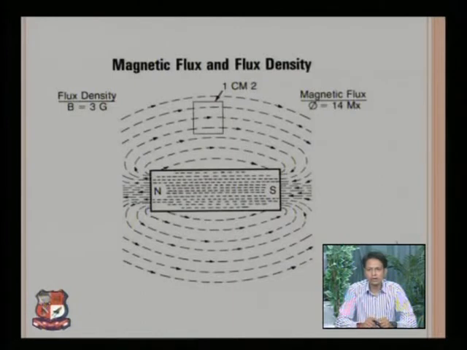You can also observe in the diagram that the magnetic field lines, or magnetic flux, are emerging out from the north pole of the magnet and entering back into the south pole of the magnet. Then these magnetic field lines in unit cross section can be defined as flux, that is represented as Φ.